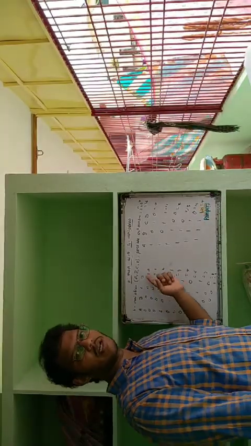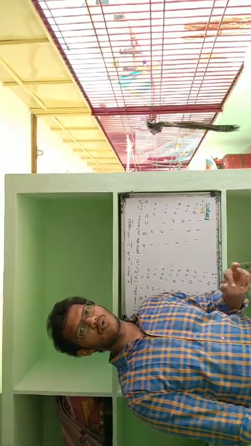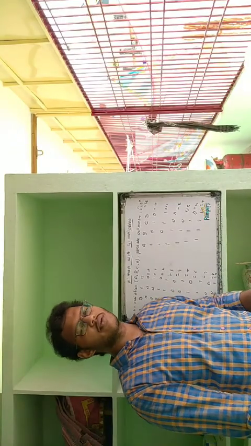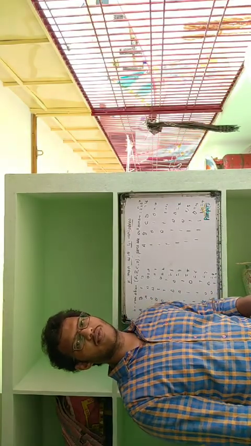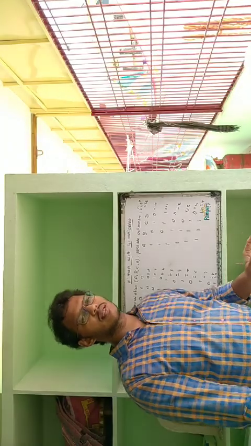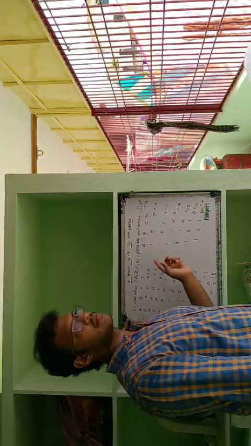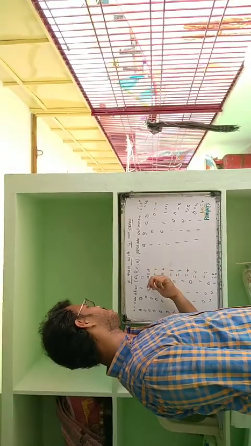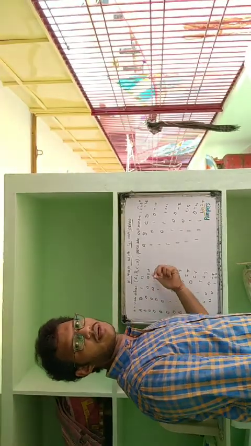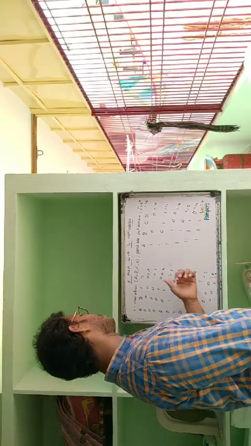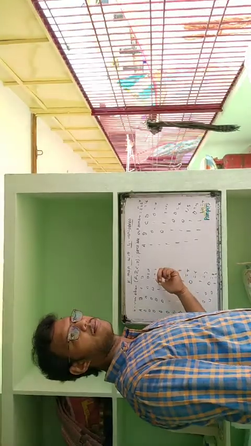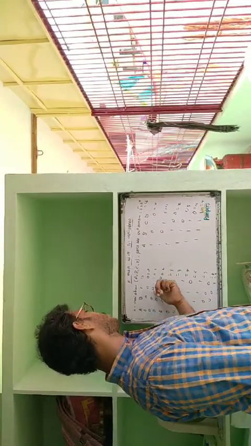These are the decimal numbers. So the decimal equivalent of the binary number 0 0 0 0 is 0, and for decimal 1 the binary number is 0 0 0 1.